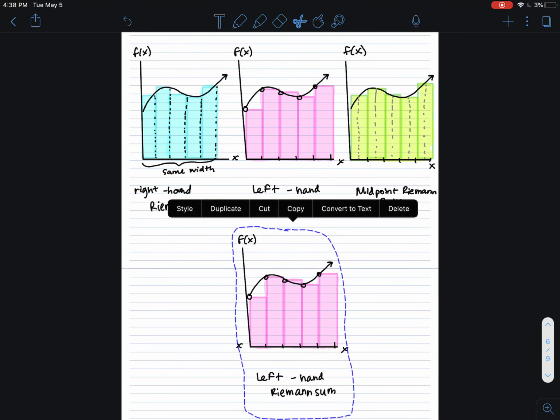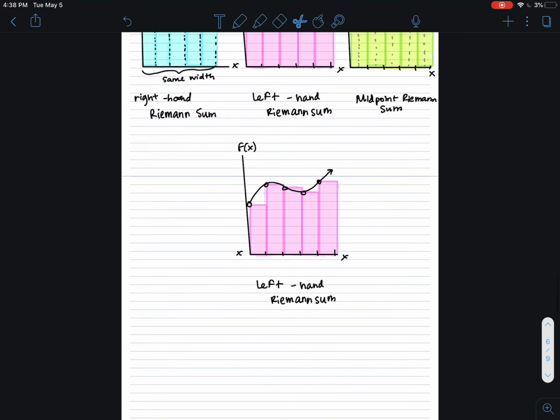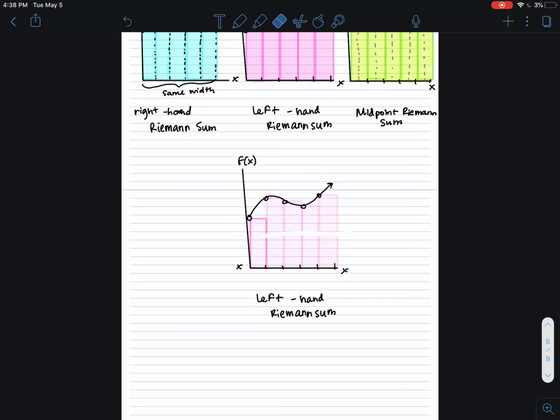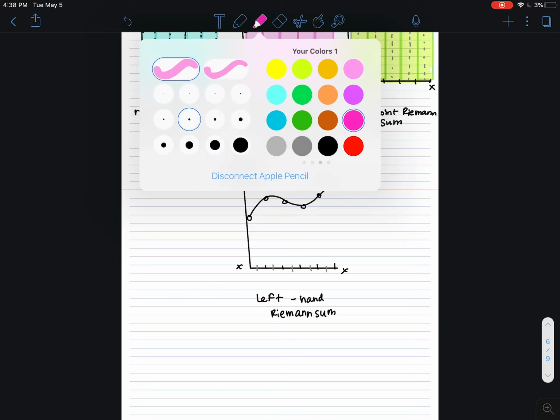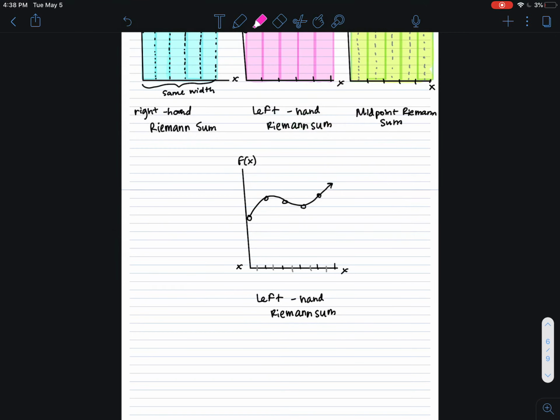Okay, so if I look at this left-hand Riemann sum again, and let me clear out the rectangles I had. Let's say I were to cut each of these guys in half. So I'm increasing the number of rectangles, I'm decreasing the width. Let's see what that would do to our approximation.